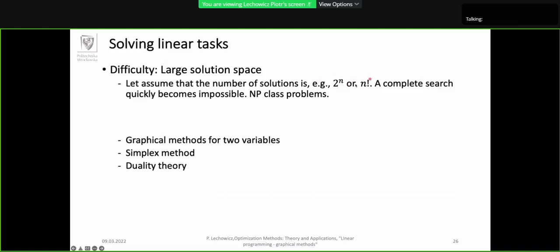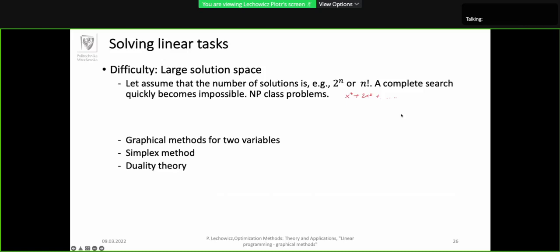Such problems which have such a complexity are often in NP class problems. So these are the problems for which we cannot find a solution in polynomial time. So polynomial means that, for example, we need x to the power of 3 plus 2 times x to the power of 2, and so on. This is the polynomial complexity of the problem. And we cannot find a solution in such a time.